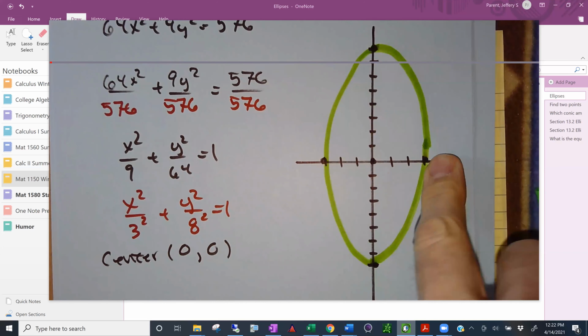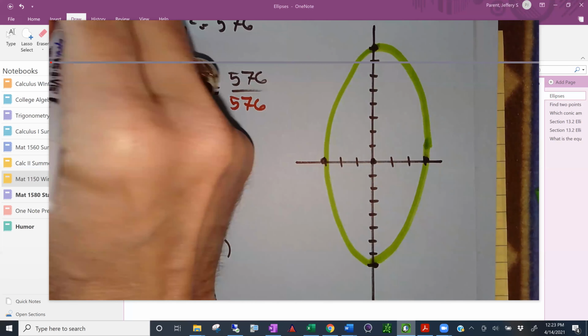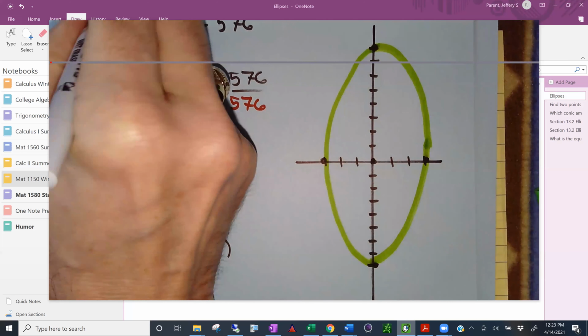These are nice smooth vertices, or the graph passes through there in a nice smooth way. But that's it. And it's really nice that you can get those points quite easily just by looking at the form of the equation. You don't really have to go any deeper than that. So are we good with that first example? Example A.